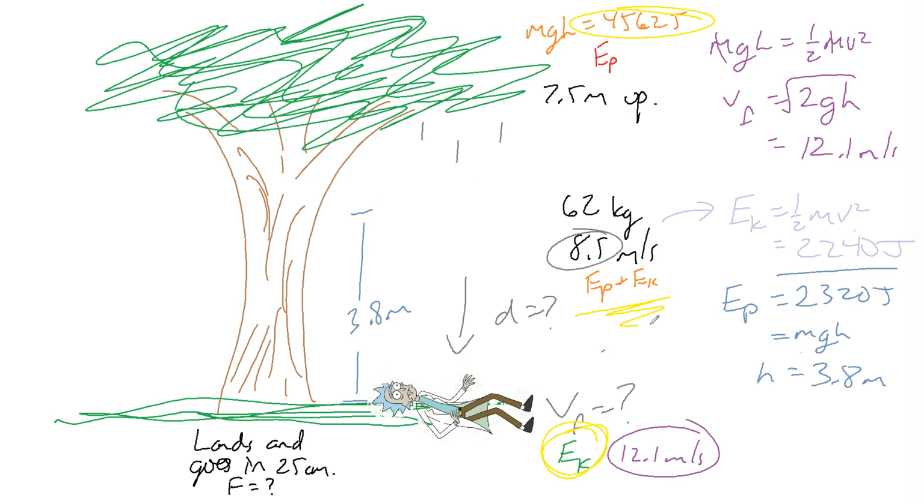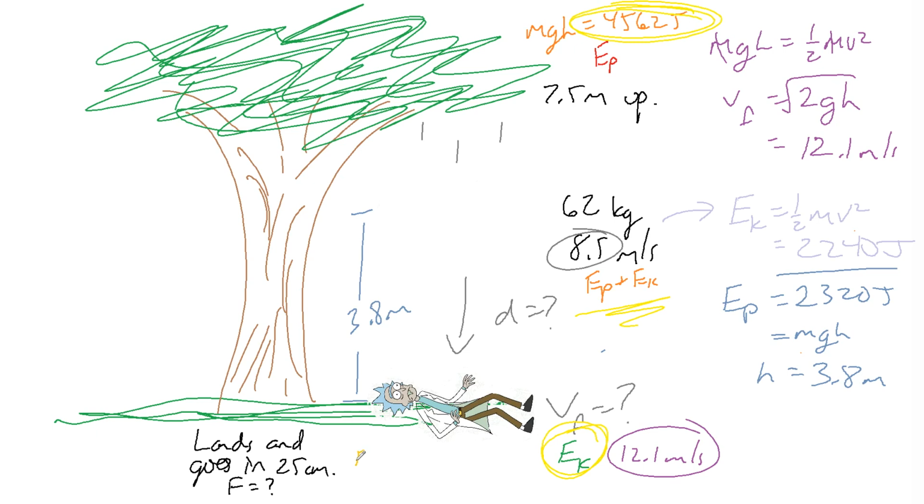But when he hits the ground, all that energy is taken away. The ground does work on him to stop him. How much work does the ground have to do? The ground has to do 4,500 joules of work to take away the 4,500 joules of kinetic energy he has.